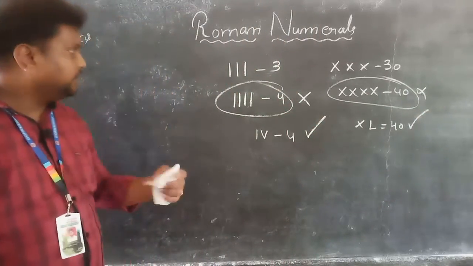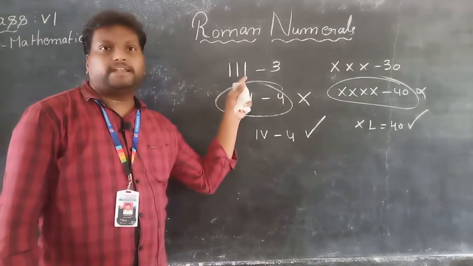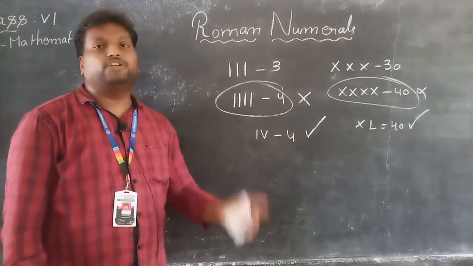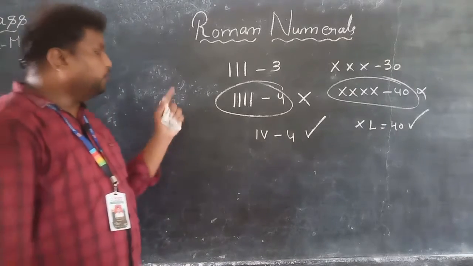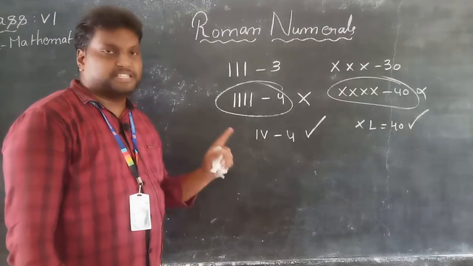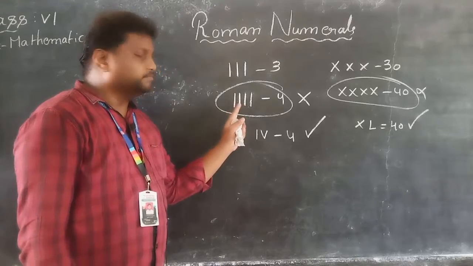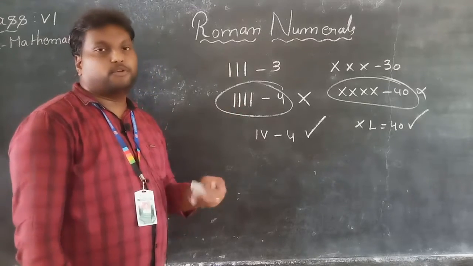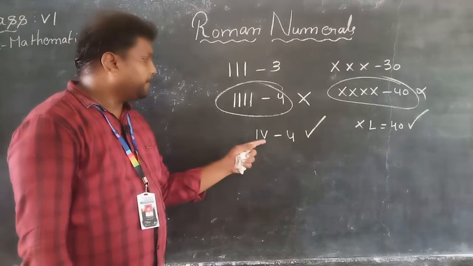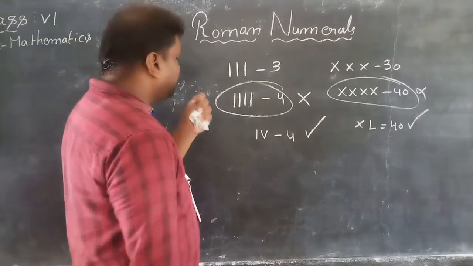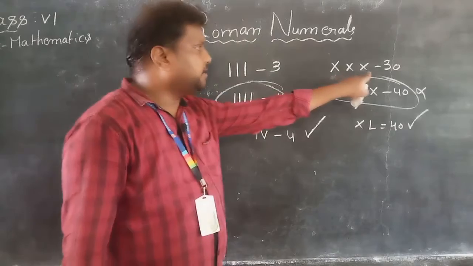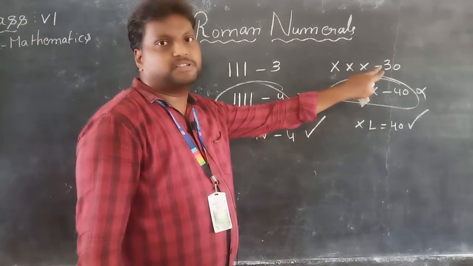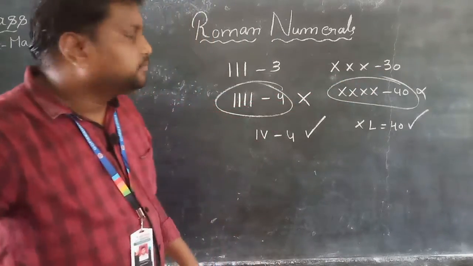Observe here, I 3 times means 3, we don't use it 4 times. Why? Because according to the Roman numeral rule, any symbol can be used only 3 times, not more. Here also X 4 times is wrong. We have to use up to 3 times, not more than 3 times.